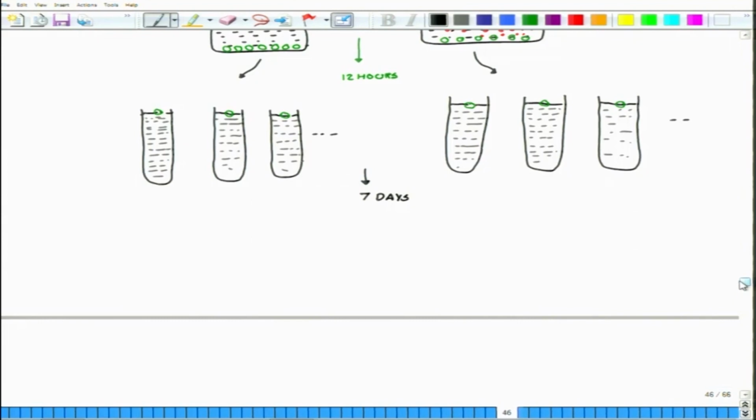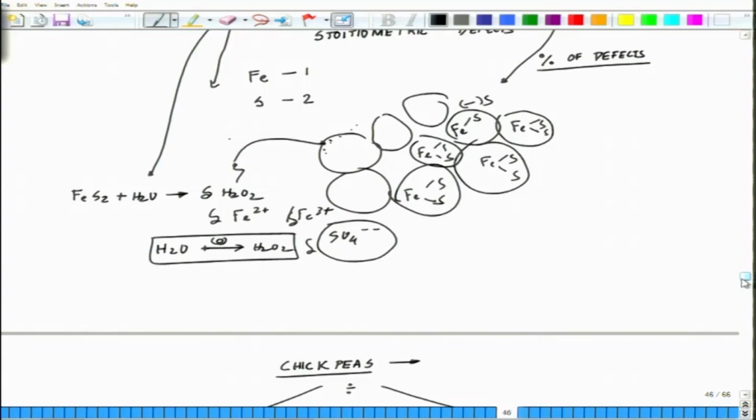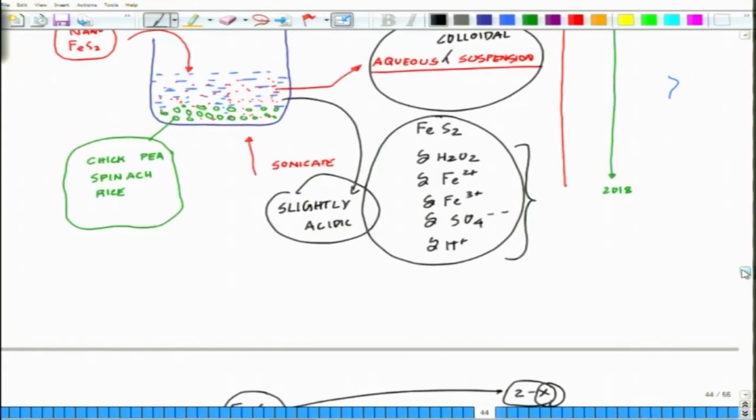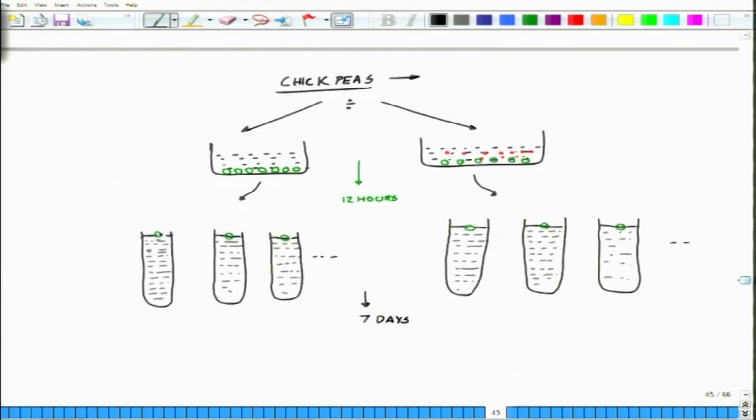So in the early phase they only got a booster of 12 hours of this different ionic milieu. This was the only nutrient which was given to these seeds.